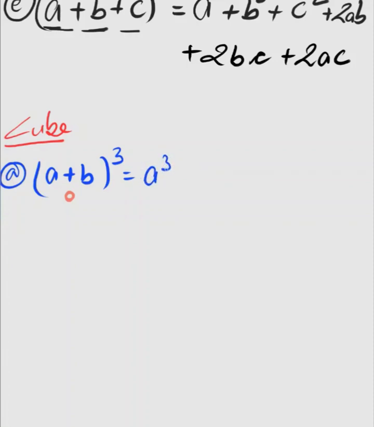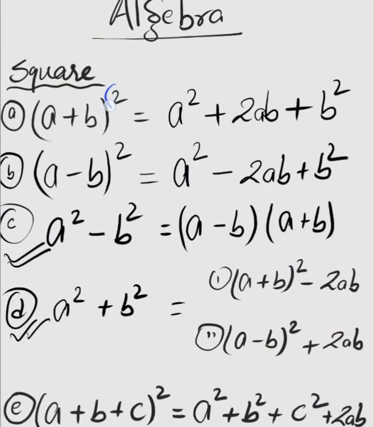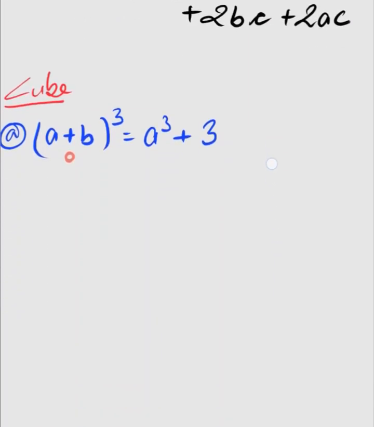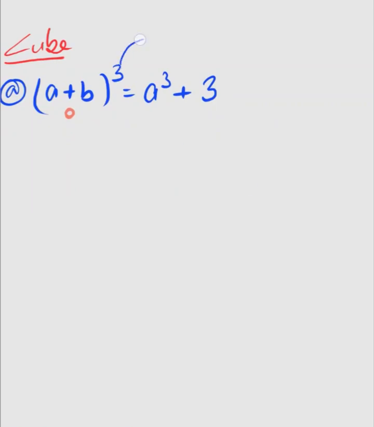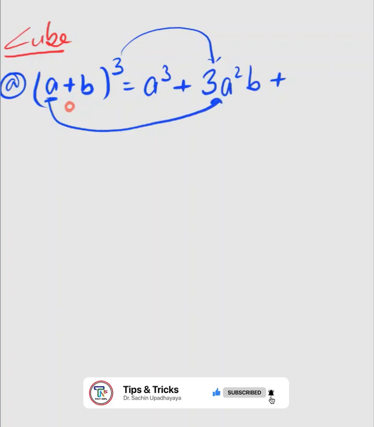Like a cube plus 3. What we had done here with 2, so we wrote here 2. Similarly, here it's cube, so we'll write cube. If you remember this way, it will be easy. a square b plus: first you did square to a, this is a square, then we square b here.